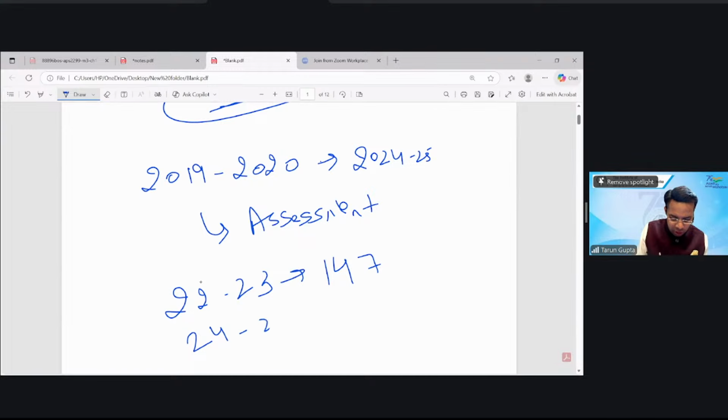For 24-25, an assessment may be pending under section 143(3). It may happen. So what the law says is that block assessment is a bigger brother. It says once I come, everybody has to leave.